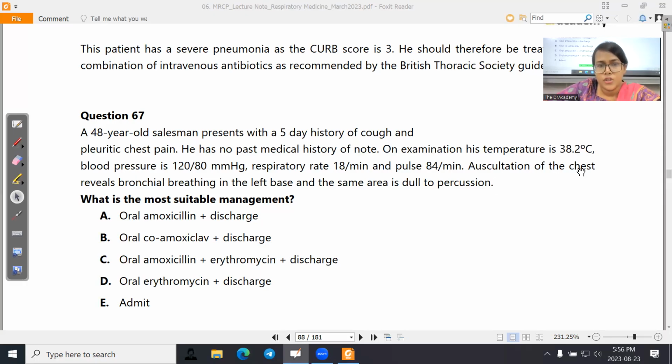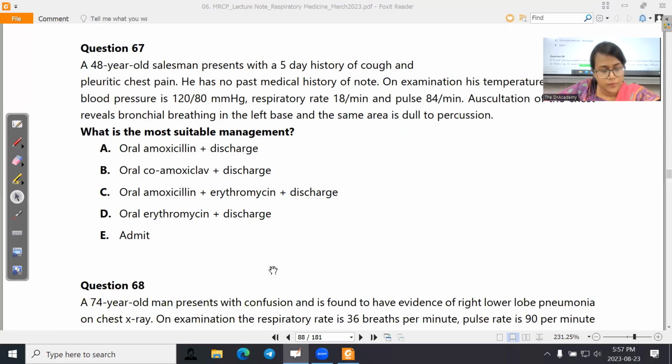Auscultation of the chest reveals bronchial breathing in the left base, unilateral involvement, okay? So this is not an atypical pneumonia scenario. So the most suitable management would be oral medication with discharge. And the ideal one is amoxicillin, because there is no mention of penicillin allergy here, okay?